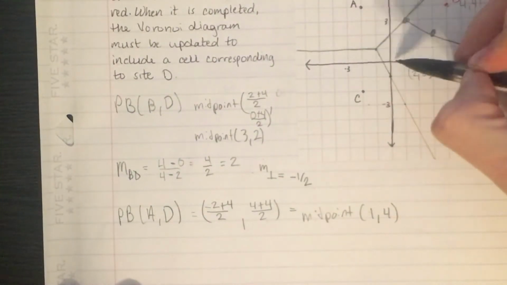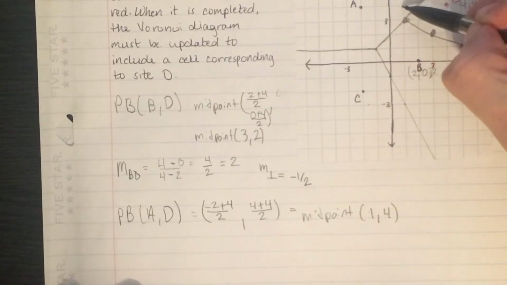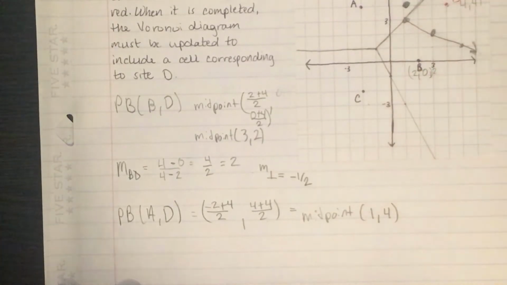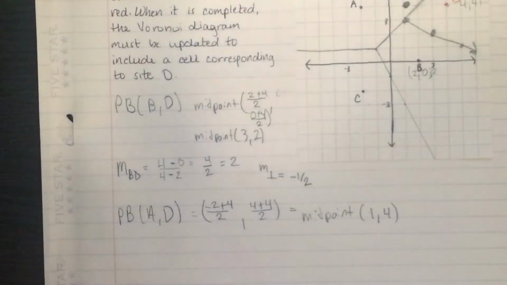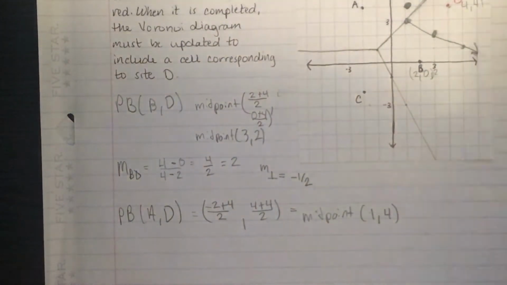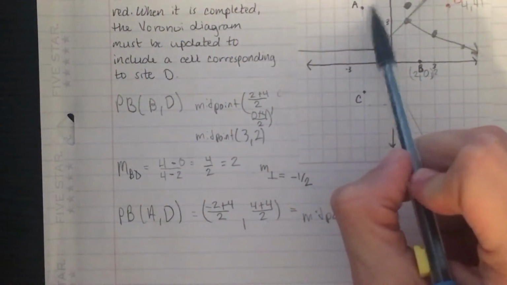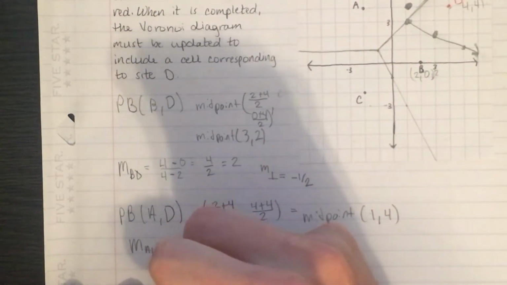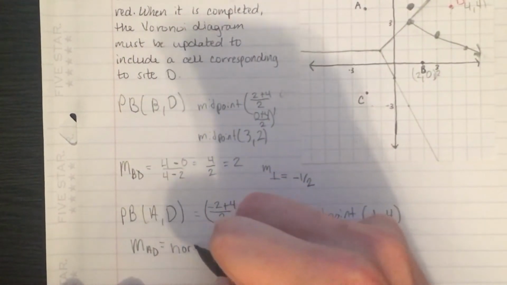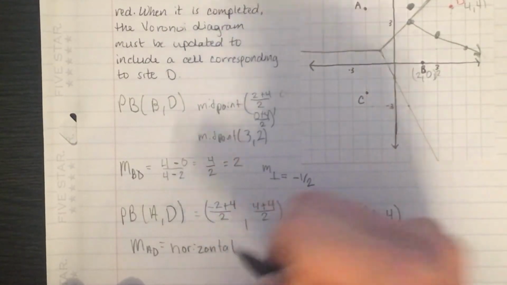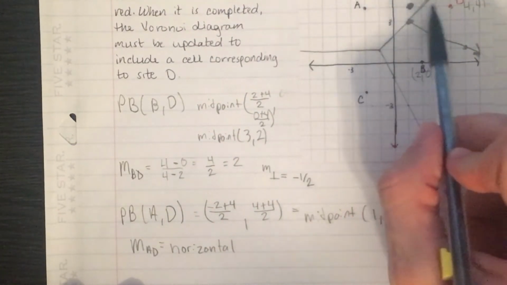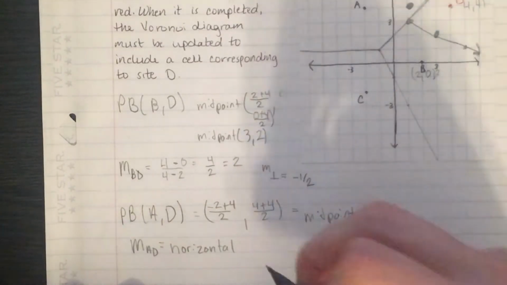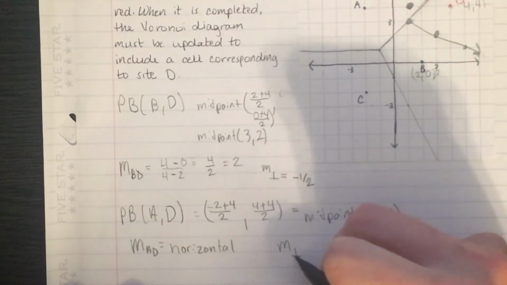So I'm going to plot that midpoint. 1, 2, 3, right there. And so now we've got to figure out the slope here. If the slope from A to D is horizontal, the perpendicular slope, what will make a right angle with a horizontal slope, is a vertical slope, which is an undefined slope.